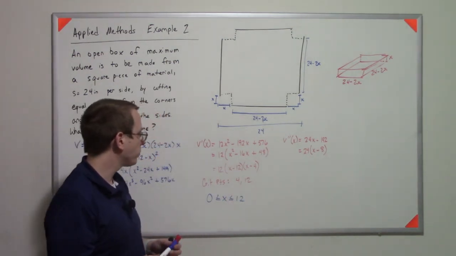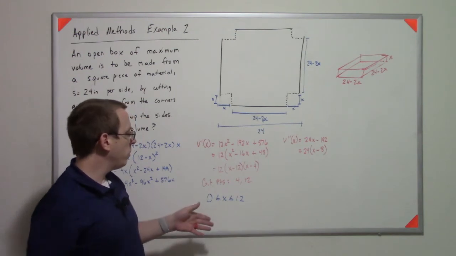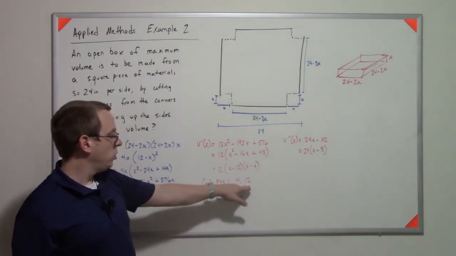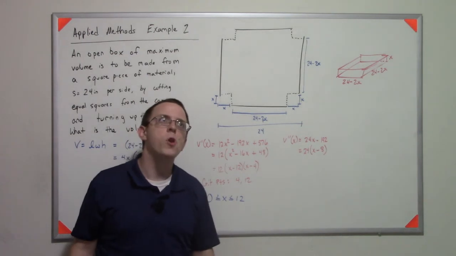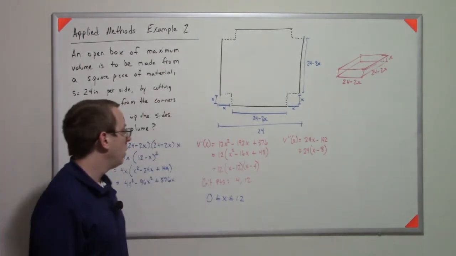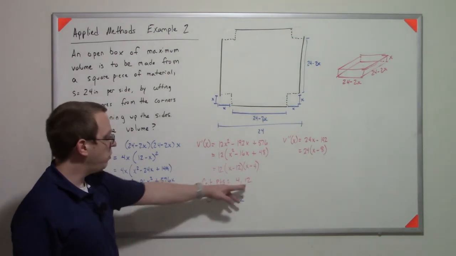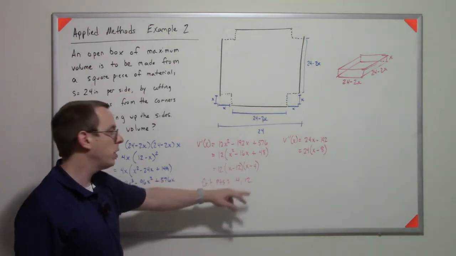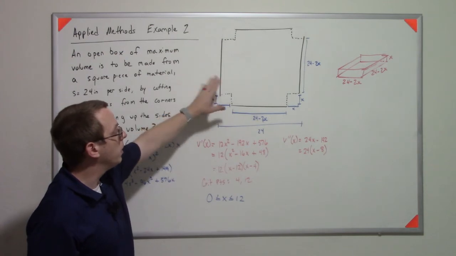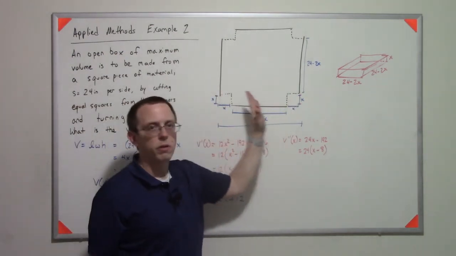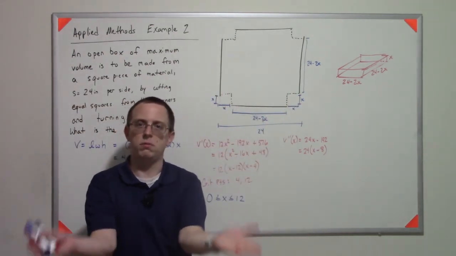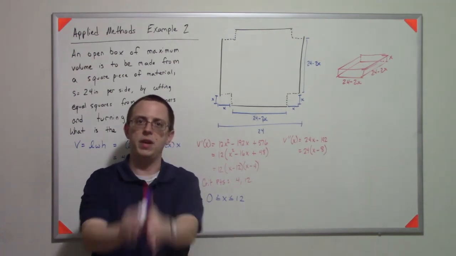Now, what's also interesting is 12 was a critical point. It kind of makes sense. If you plugged in 12 here, and you cut 12 and 12 off of each side, then you don't even really have any volume.